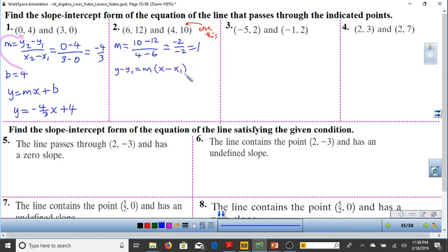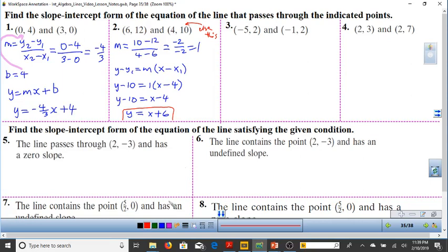That's point slope form. Y minus 10 is equal to 1 times x minus 4. Solving for y, we get y minus 10 is equal to x minus 4. So that means y is equal to x plus 6 when you add 10 to both sides. And that is your answer.